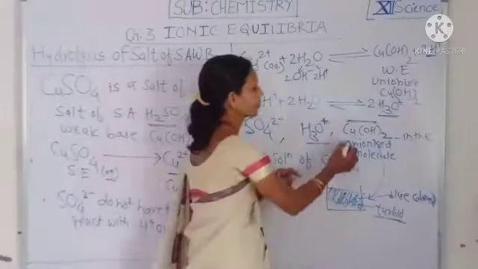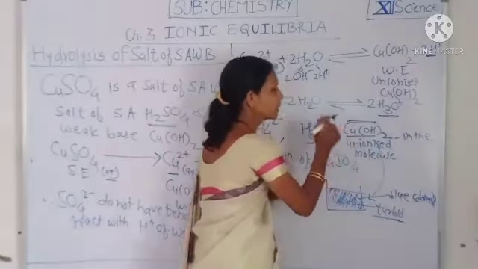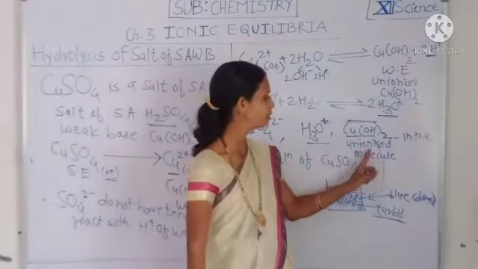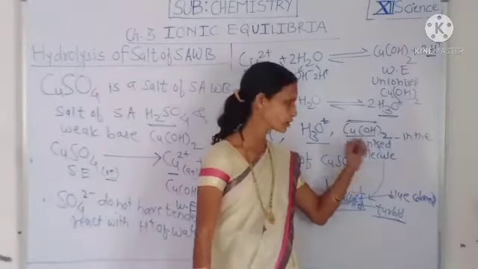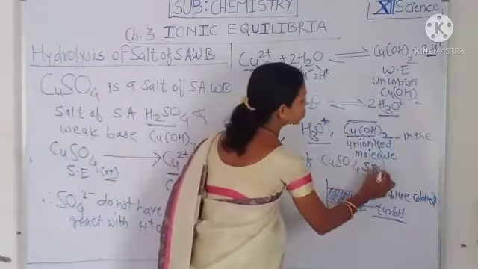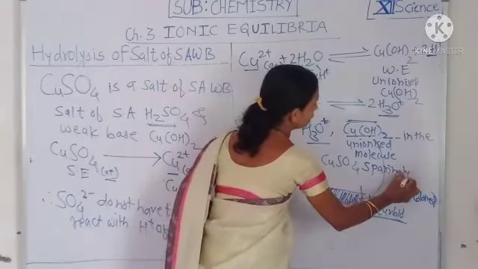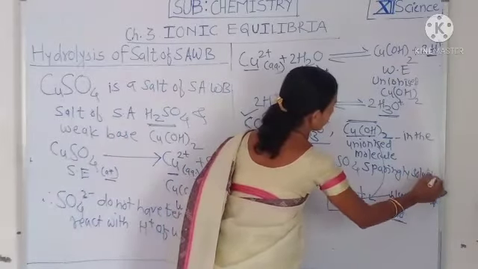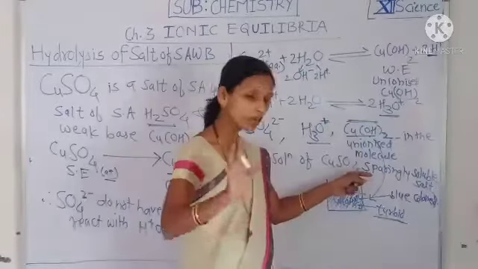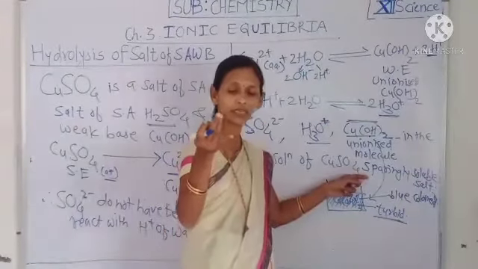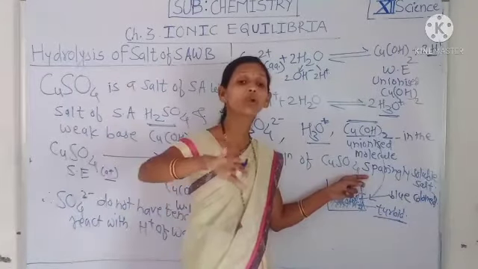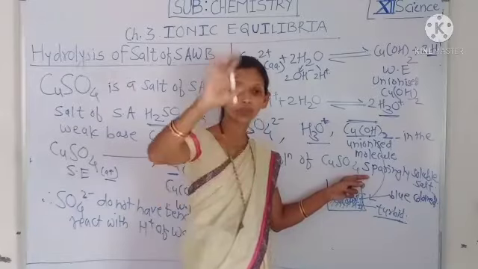It is because of Cu(OH)2 formation. Here in this solution, unionized molecules of copper hydroxide are there, and copper hydroxide is a sparingly soluble salt. Sparingly soluble salt means it remains undissociated, like chalk powder. It does not dissolve completely, and therefore it gives a turbid solution.